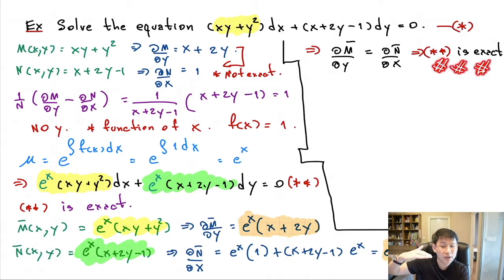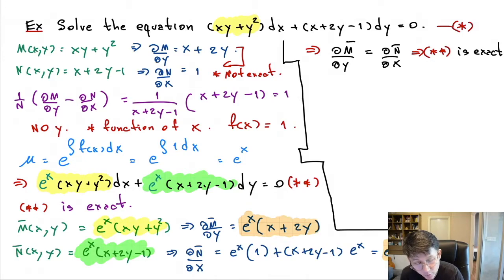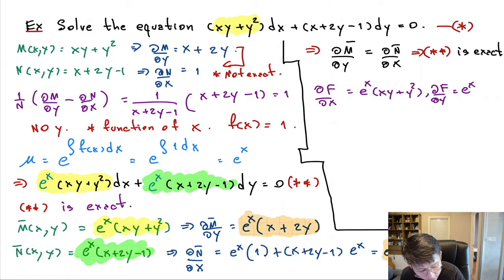So what I'm going to do next is from the previous video, which is how to solve exact equations. Okay. So if you remember, when we know that the equation is exact, we have that df by dx is e to the x times xy plus y squared, and df by dy is e to the x times x plus 2y minus 1, right?